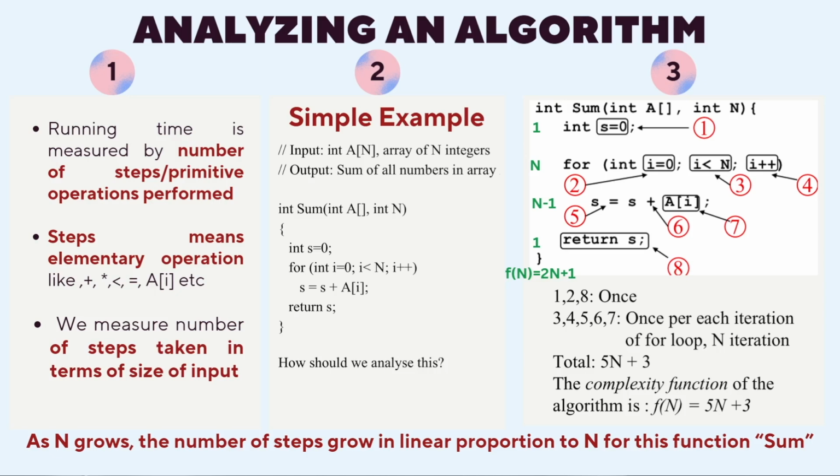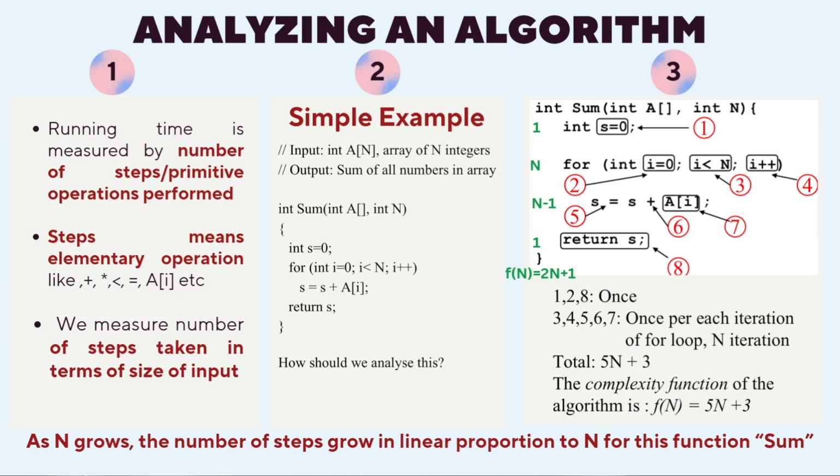So, we have named them 1, 2 and 8, and all these primitive operations will be executed only once. Other than that, the primitive operations from 3 to 7 will get executed once during every iteration. And this loop iterates n number of times, and so these 5 primitive operations will have to execute n number of times.